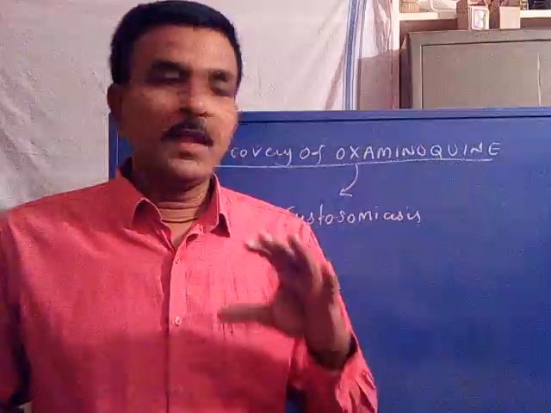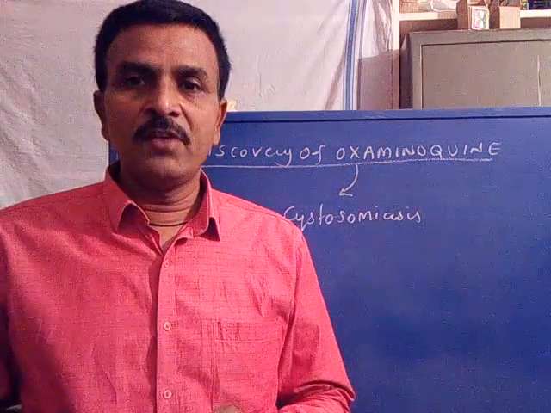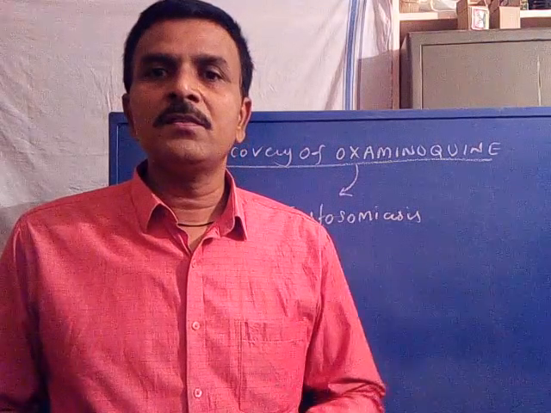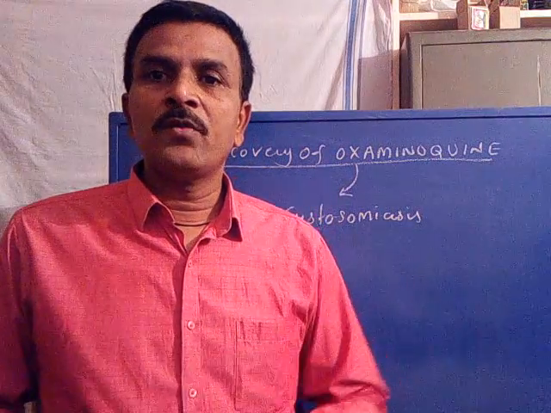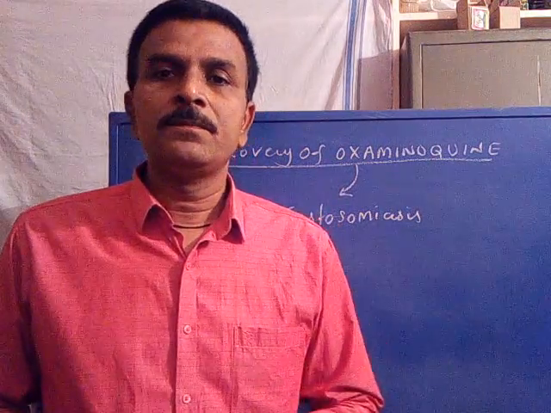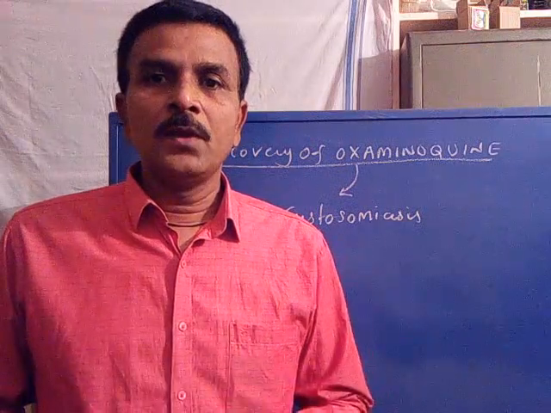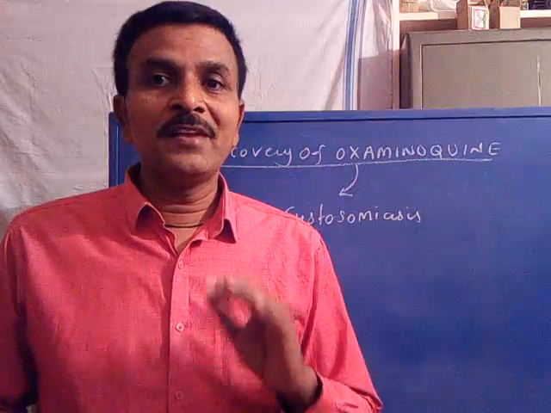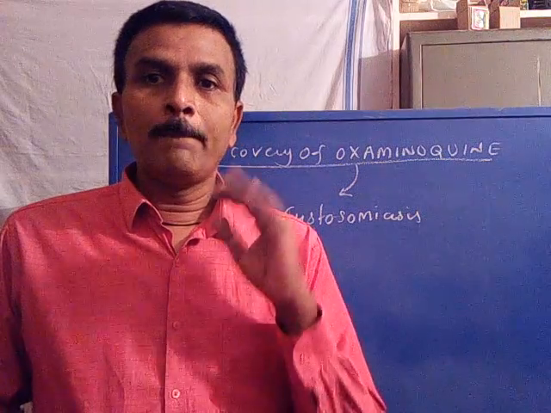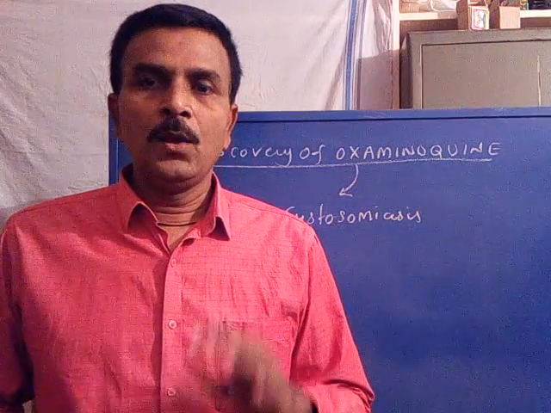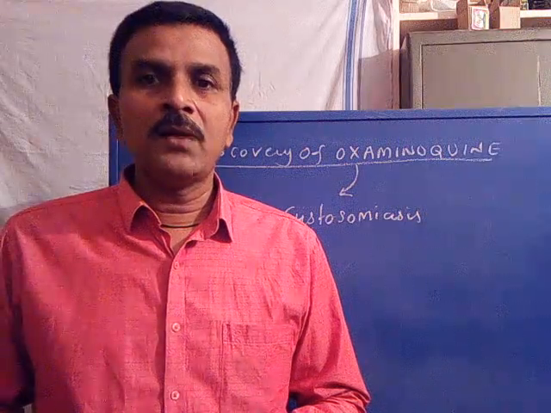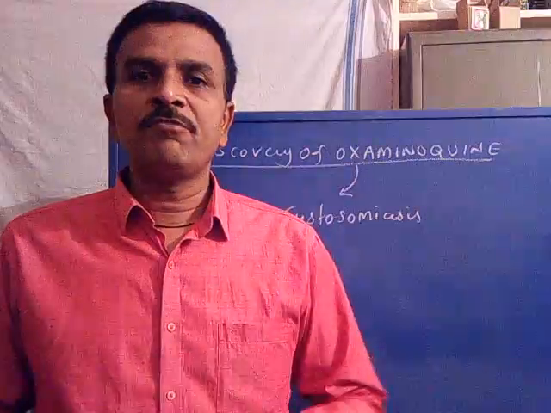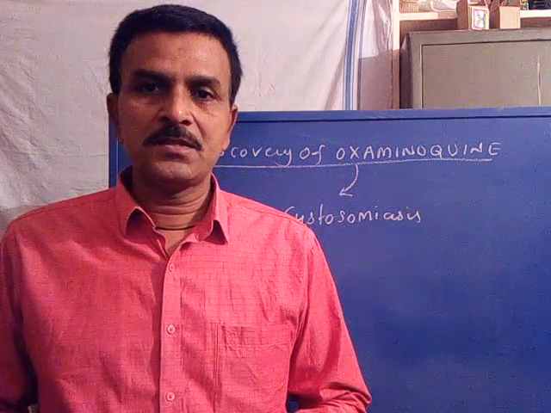Therefore oxamniquine was developed for the treatment of schistosomiasis. The oxamniquine drug was developed from the lead compound, that is lucanthone. Lucanthone is a tricyclic compound which is active against some forms of parasites.